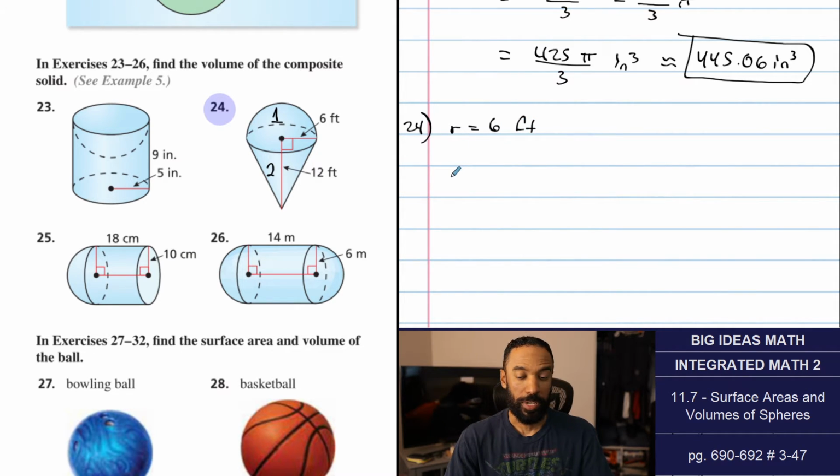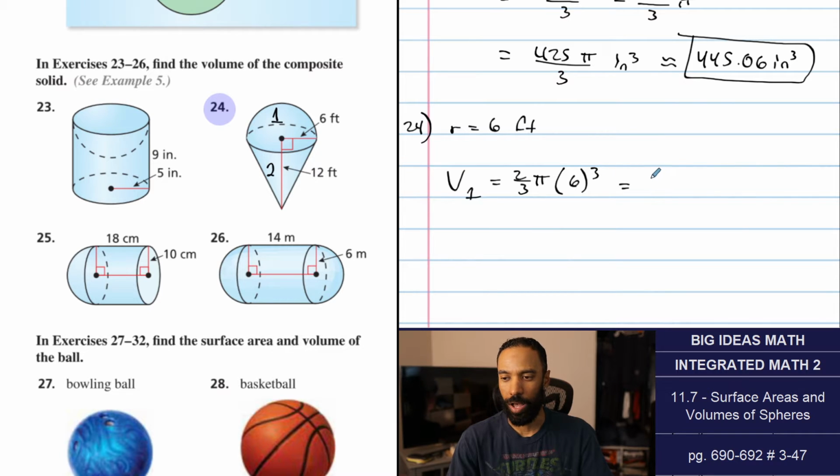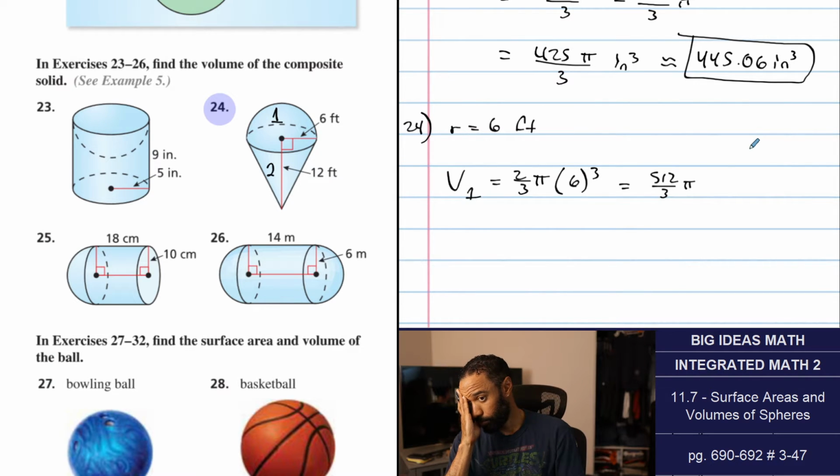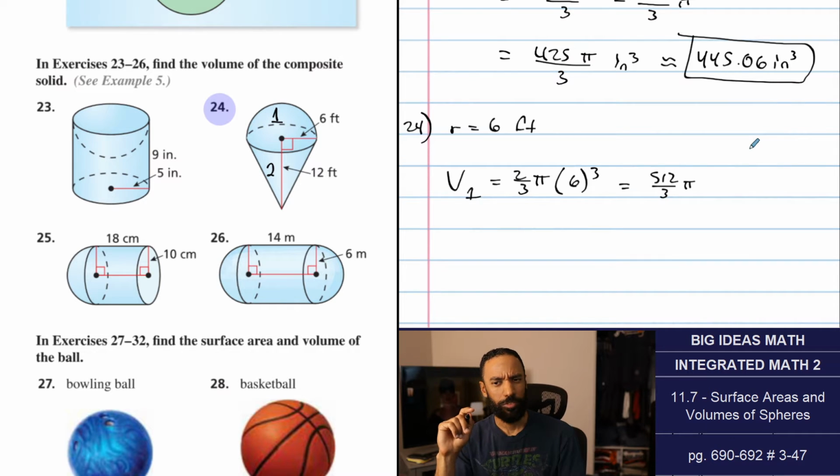So let's begin. The volume of object 1 is 2/3 pi r cubed, which is... 512 should be able to divide by 3.